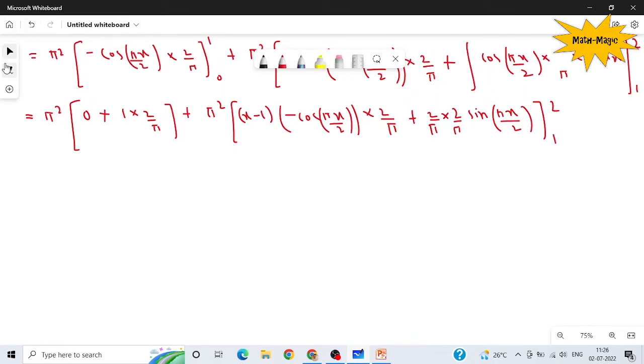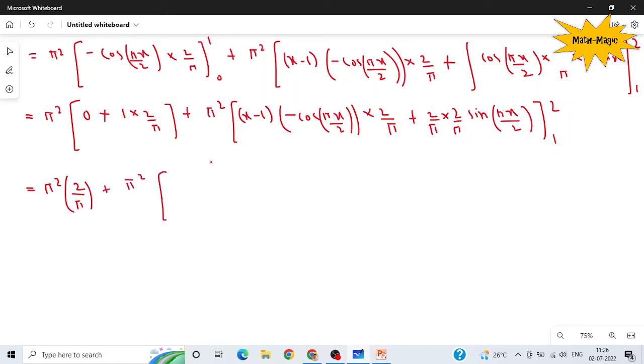Now we just have to substitute the upper limit and lower limit to get the answer in the second term. So what do we get? This is π² into 2/π, so it's going to be 2π, plus π² times the bracket.